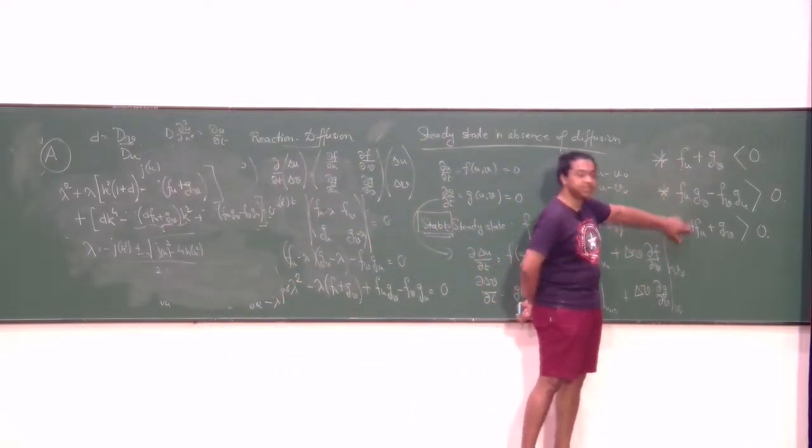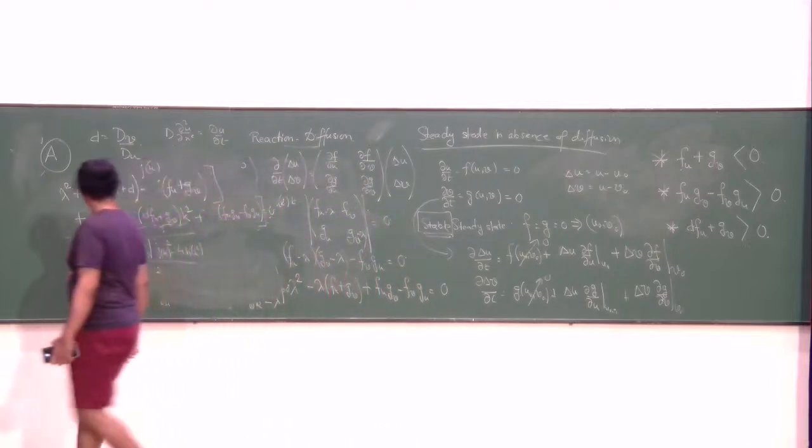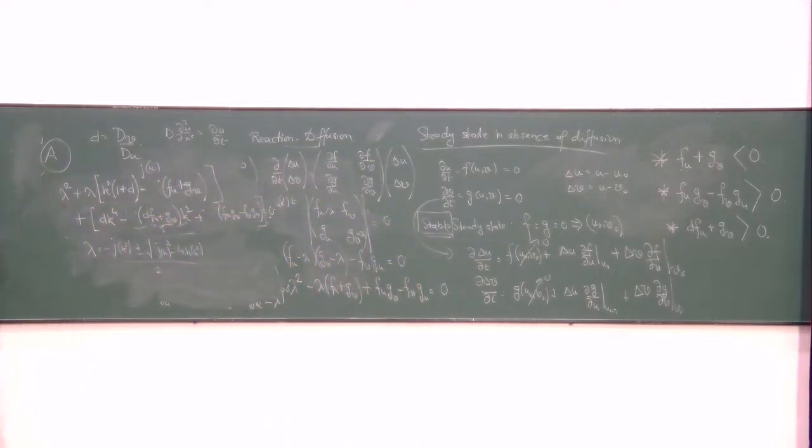So these two conditions together, what constraints do they place on fu and gv? Earlier I had said that if you have A and B, they cannot both be upregulating, so this motif was not allowed. But now that I have this third condition along with the first condition, are any other networks ruled out?